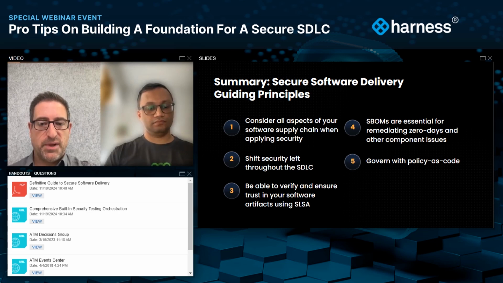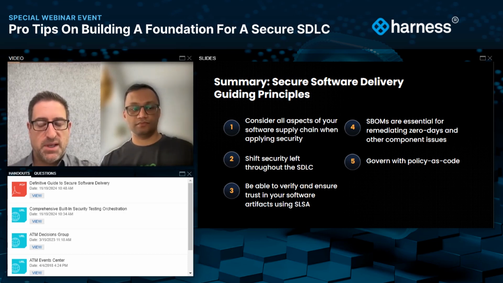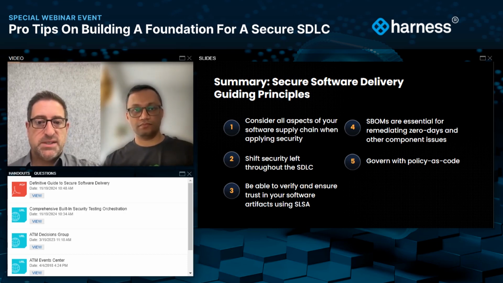We talked about OPA. That's sort of the industry standard at this point. It's very widely applicable, and you can customize policies for your specific security and compliance standards. So again, I think this is an essential part of your toolkit.